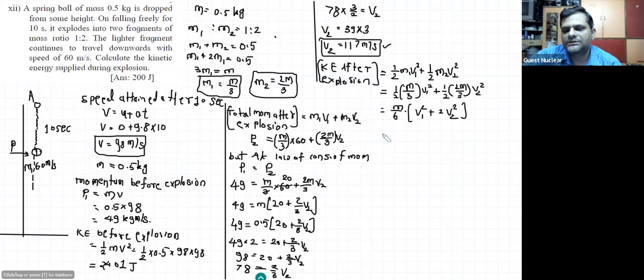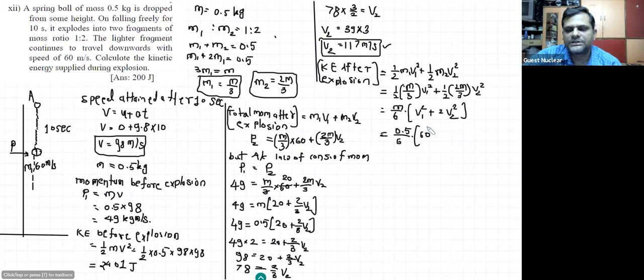Okay, now it is the time to put the value of m here, which is 0.5. So this is 0.5, and that is to be divided by 6, and this is to be multiplied with v1 square, where v1 is actually given to be 60. So we have to put it as it is.